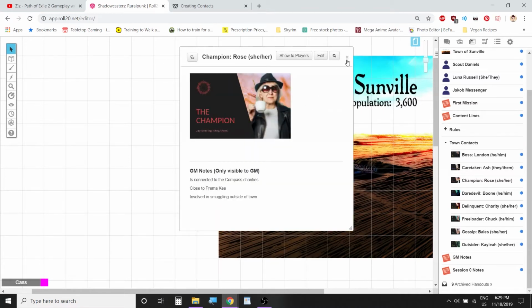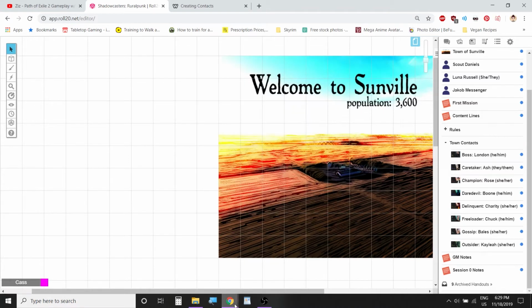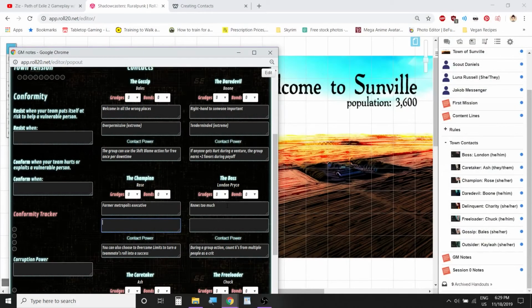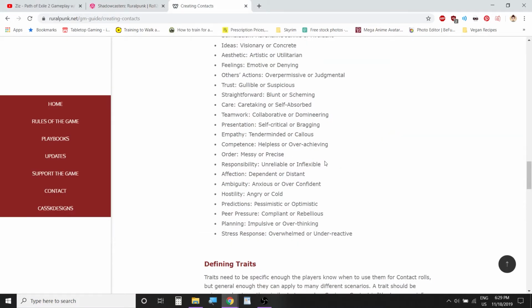And I feel like that almost gives Rose a built-in trait. So Rose is a former Metropolis executive. I think Rose can get her hands on anything, basically.